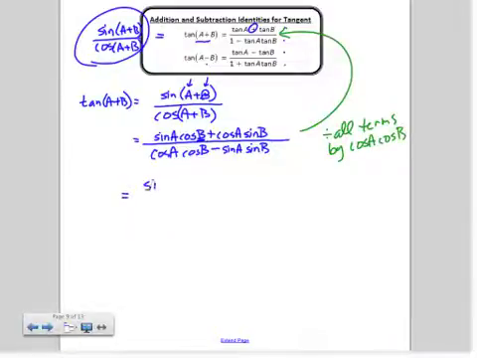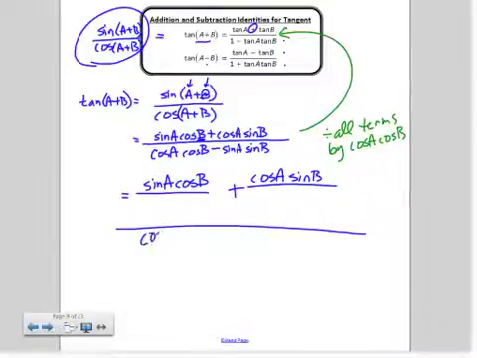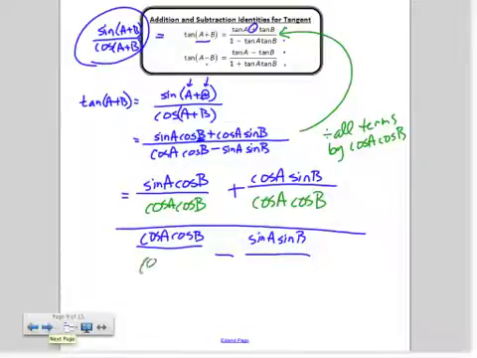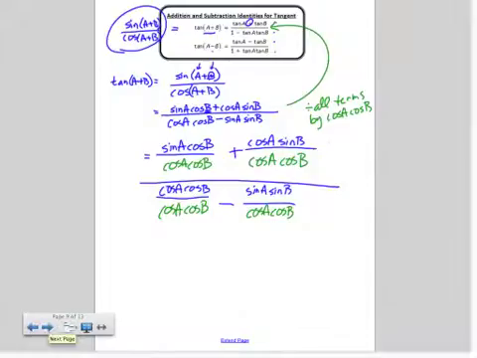So here we go. Sine A, cosine B plus cosine A, sine B over cosine A, cosine B minus sine A, sine B. And now every single term is getting divided by cosine A, cosine B. So here's what's awful cool, right?